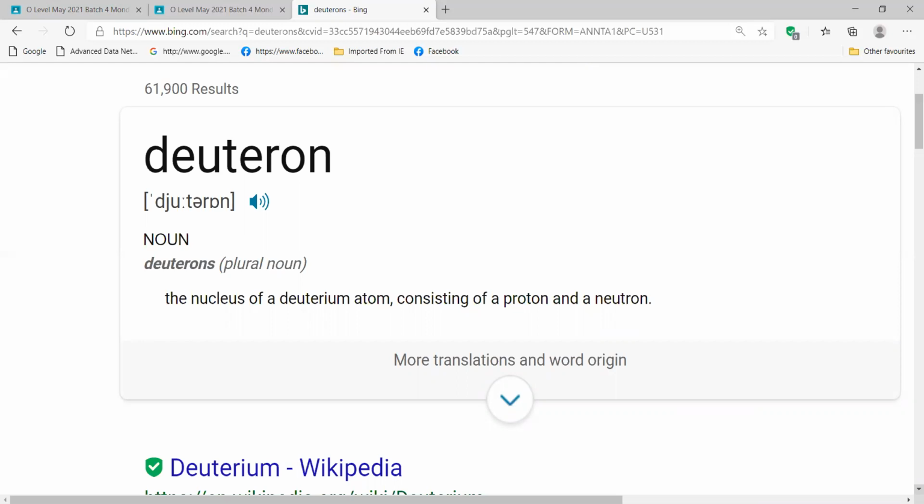Sir, what is a deuterium atom? Because it says consisting of a proton and a neutron. You know hydrogen.